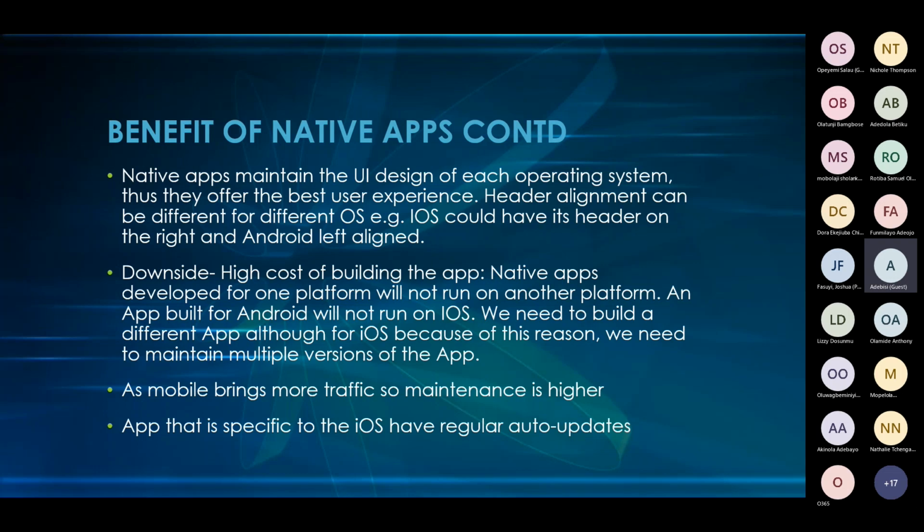As a tester, you have to be updating yourself from time to time, because if you don't know that iOS has iPhone 14, 15, or 16, and you are still thinking they have iPhone 11, 12, or 13, and some of your customers already purchased iPhone 14, and they say they cannot have access to your app, you know how the company will look at it, because you are in charge.